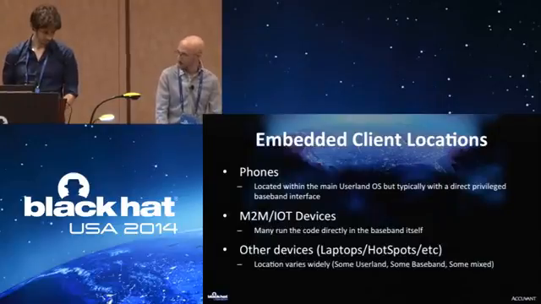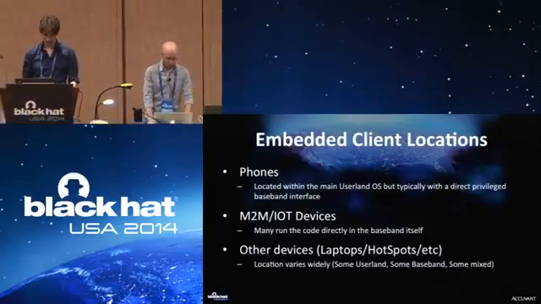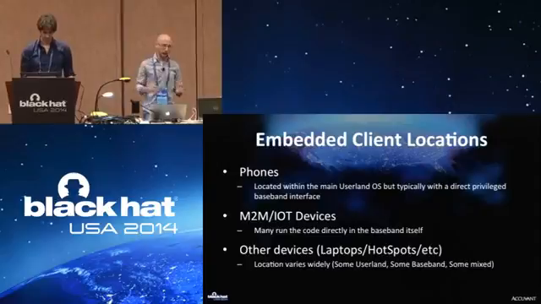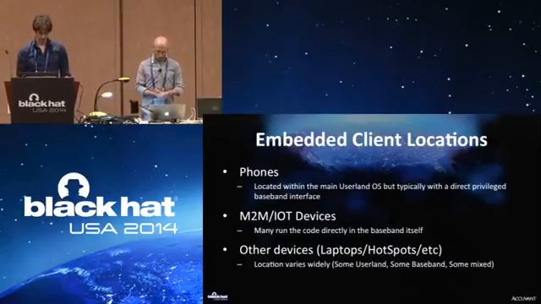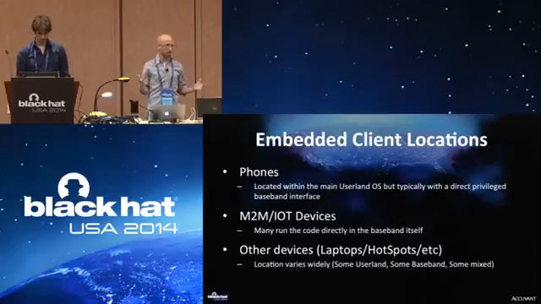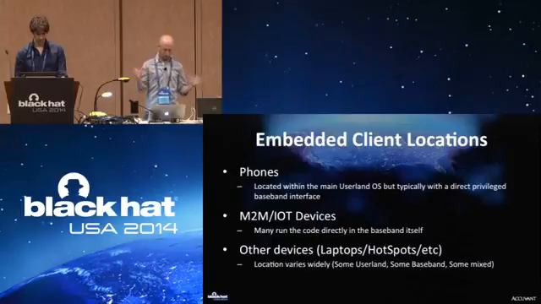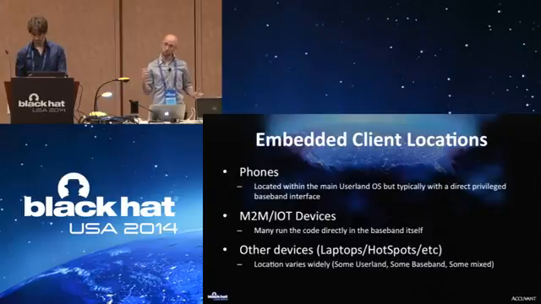So, embedded client locations. We're going to talk about where the code actually runs. On phones, this code lives in userland, mostly. We have a component living in userland that usually has a direct-to-baseband interface, though, with privileges much higher than any standard app would usually have.